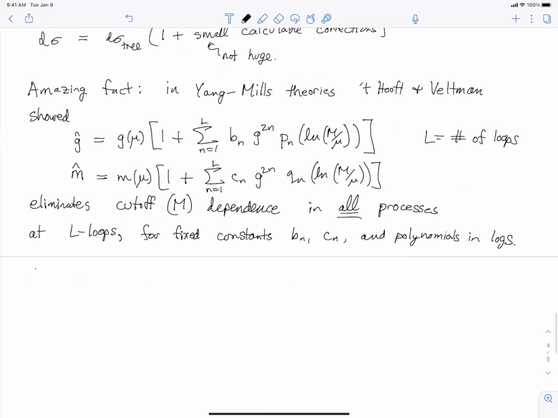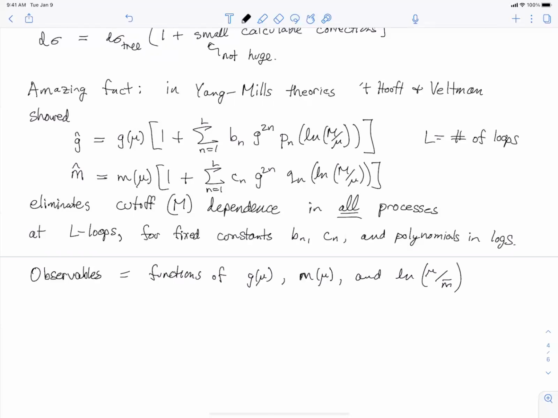Okay, so let me just write down observables. What this means is that observables are functions of the renormalized coupling, the renormalized mass or masses, M of mu, and logarithms of the renormalization scale, which we get to pick, and M bar, which are calculable combinations of things like Mandelstam variables and masses.